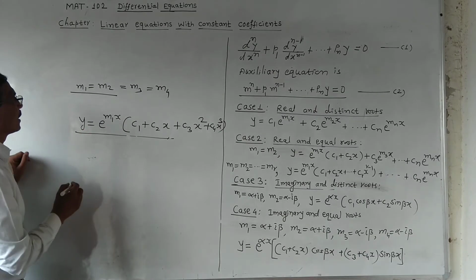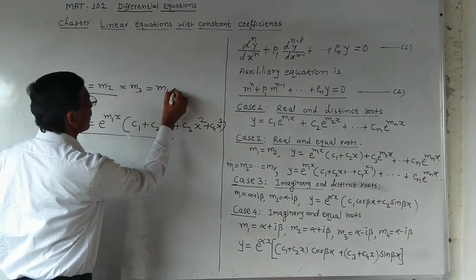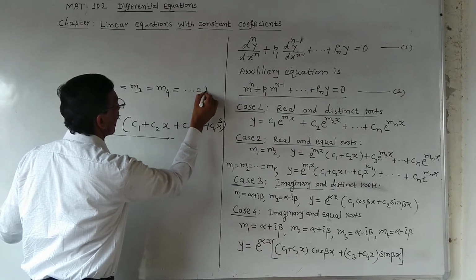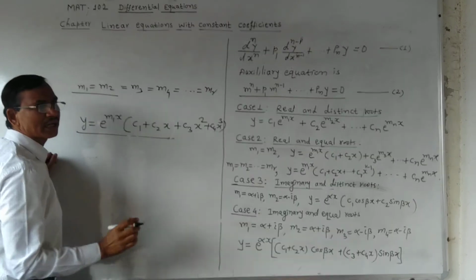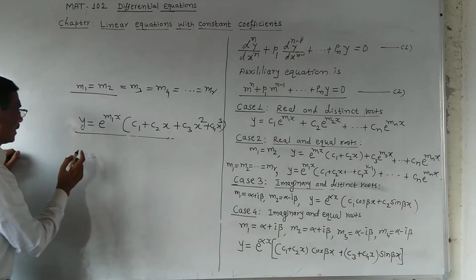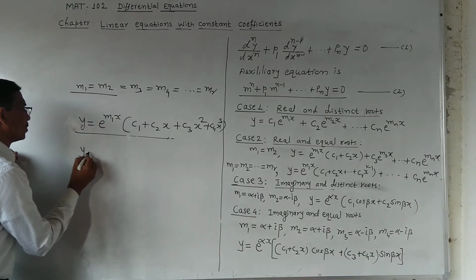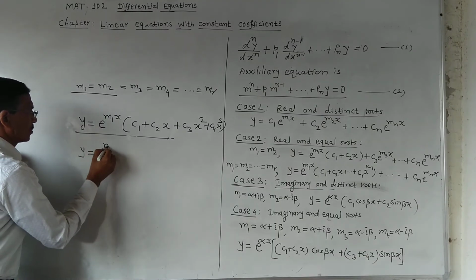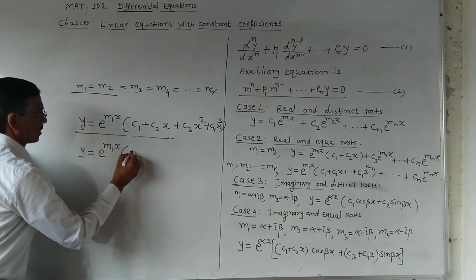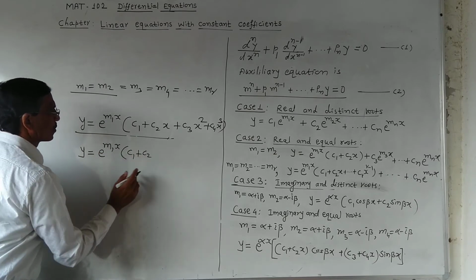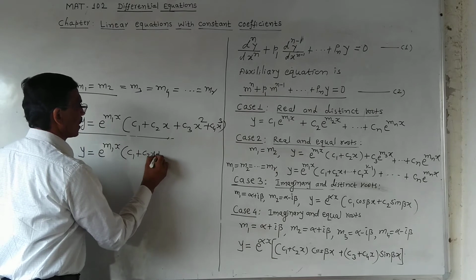But in general, if r roots are equal, then the corresponding solution is given by e raised to m1x into c1 plus c2x plus so on.